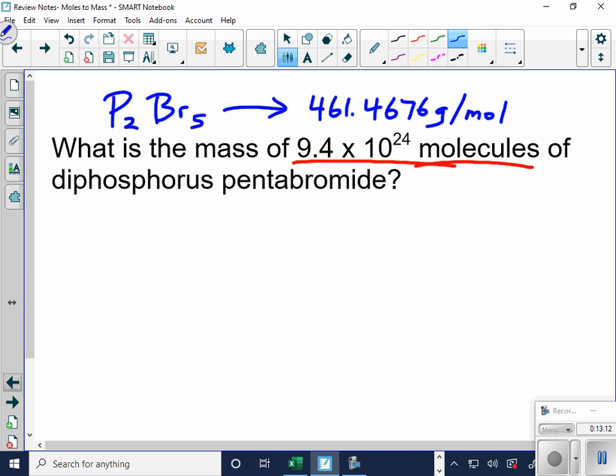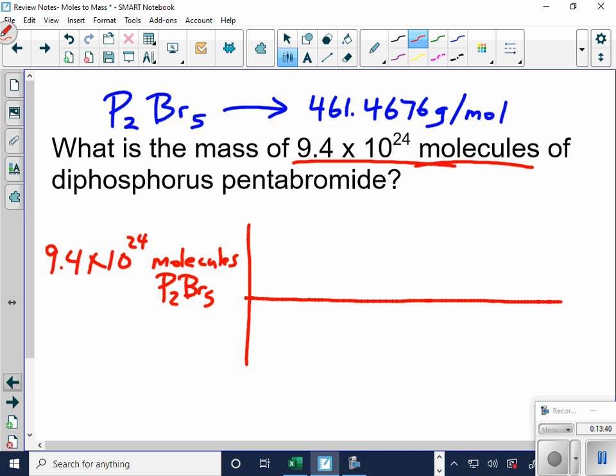I'm going to need that here in a little bit. Now, how do I start this guy? Well, I go with what's given to me. 9.4 times 10 to the 24th molecules of P2Br5.